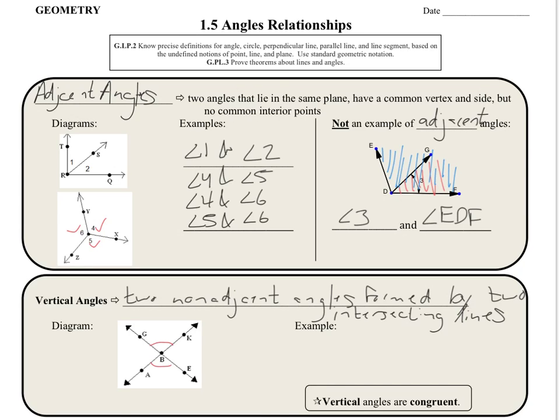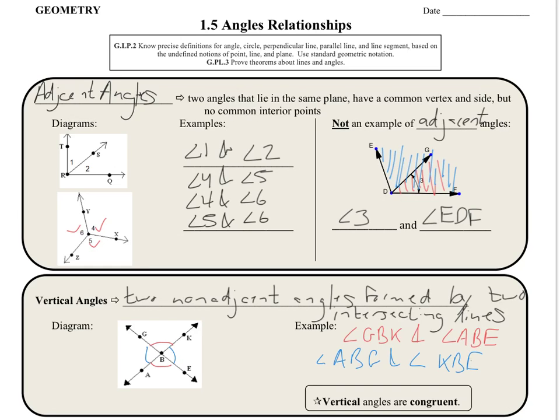So in this case, we have two angles such as angle GBK and angle ABE that are vertical from each other because they are directly across from each other. Or we can also say angle ABG and angle KBE.